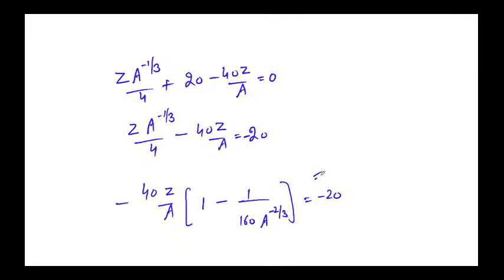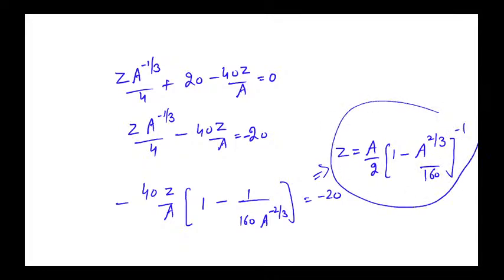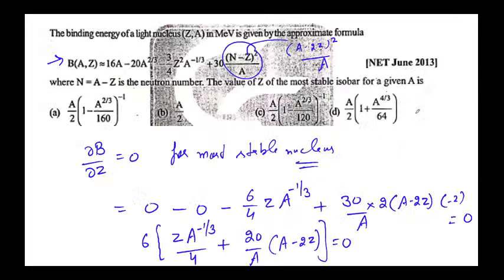So from this we can find Z is equal to A by 2 times (1 minus A to the power 2 by 3 over 160) inverse. So this is the relation between Z and A for the given binding energy. So you can check. So here option A is the correct option.